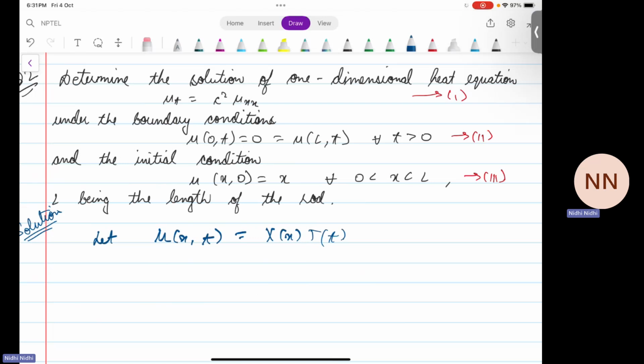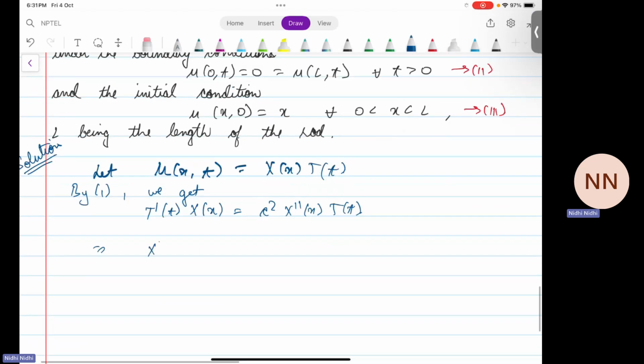This implies, by the first equation, we get T'(t) times X(x) is equal to c square X''(x) T(t), which basically gives us X''(x) by X(x) is equal to T'(t) by c square T(t).